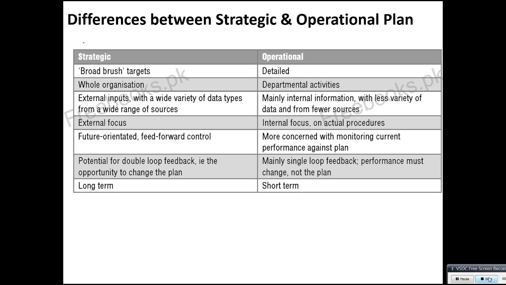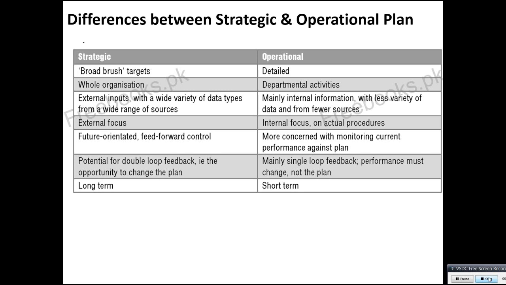Now we come to the differences between strategic and operational plans. I want to share with you: strategy is for the long term, operations is for the short term. Strategic is a broad brush target. For example, if your profit target was $1 million but reality is not this, they may make some minor changes.